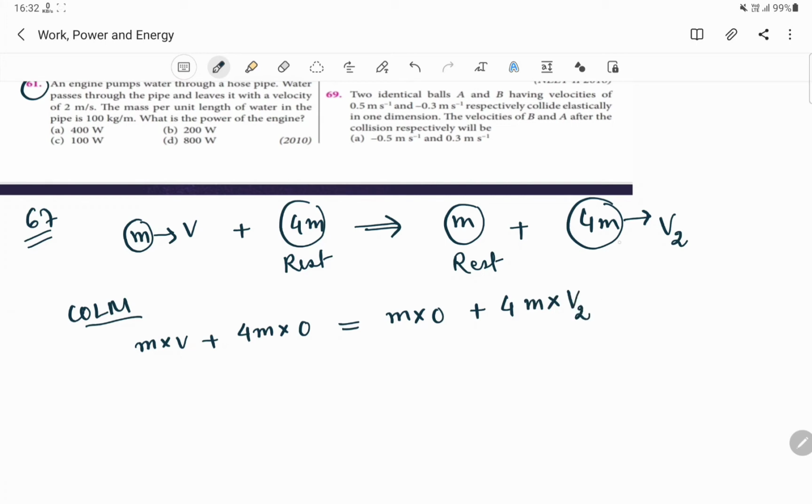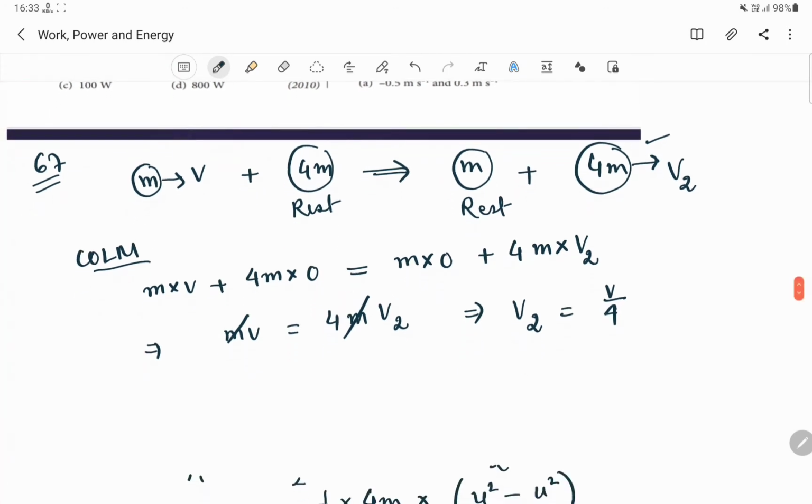We have to find the final velocity of 4m, and here this will be mv equal to 4m v2. So the m and m get cancelled out, and finally we get our velocity v2 equal to v by 4.